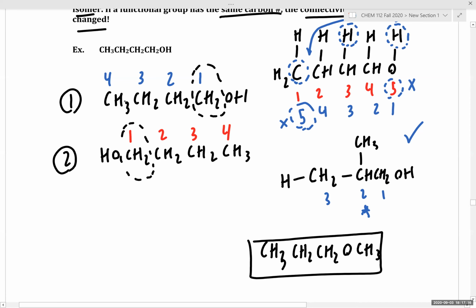You are welcome to draw your constitutional isomers using whatever method you prefer. Does this idea make sense to everyone? So we pretty much just swap the hydrogen from our functional group to another carbon? Yep. Or you can even move your functional group. Okay.